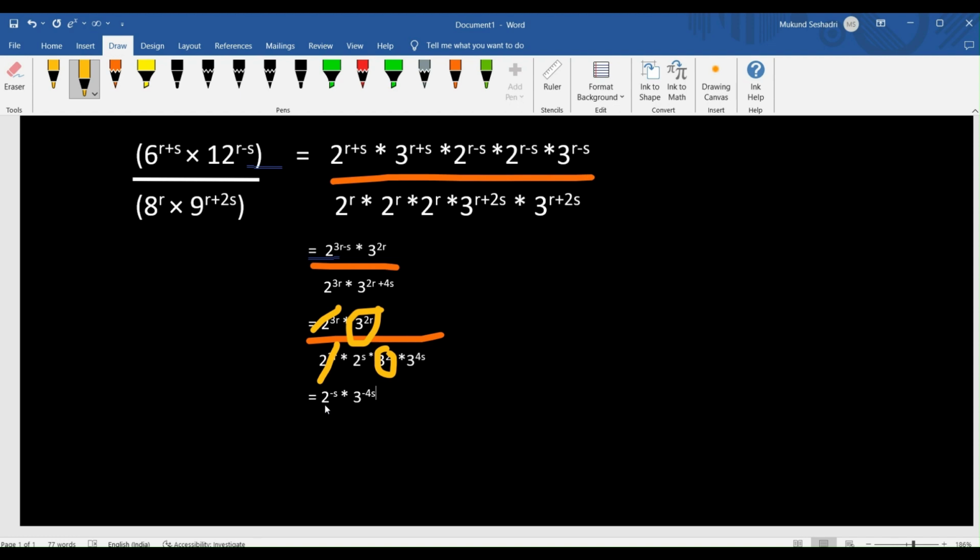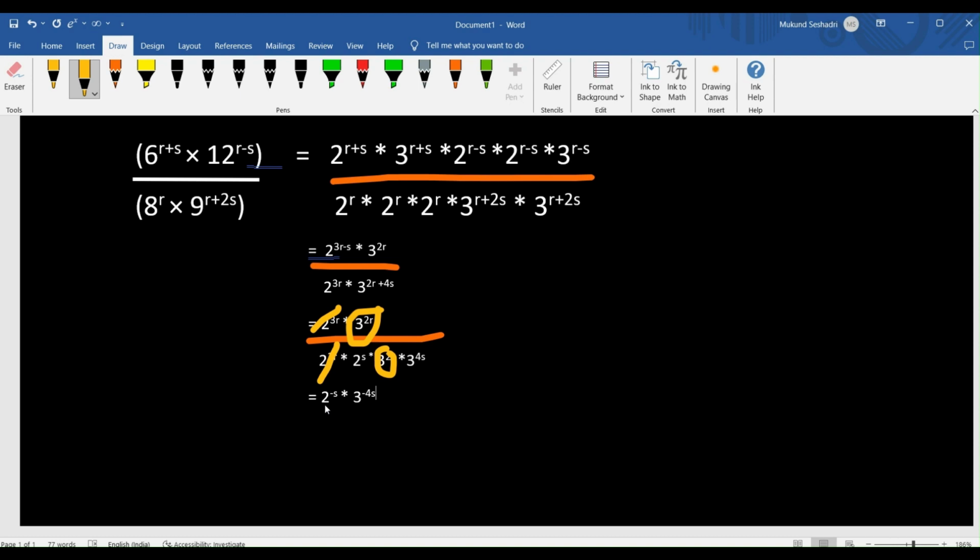This expression always remains positive because an integer to the power of any integer, we've been given that r and s are integers, so it remains positive throughout. So I'm just going to repeat it. If s is lesser than 0, then 2 to the power minus s becomes an integer, right?